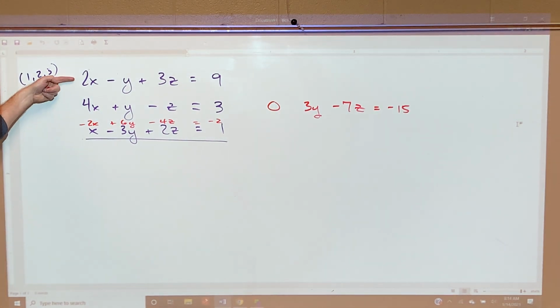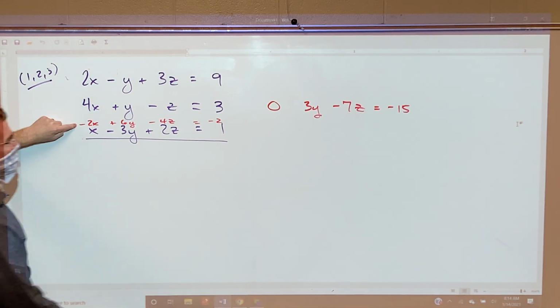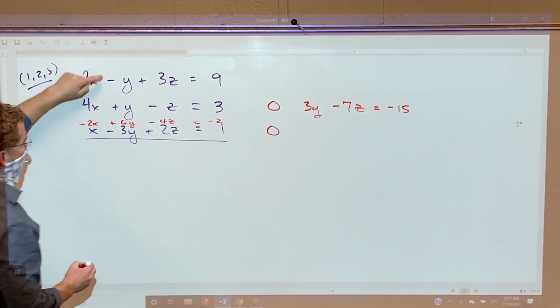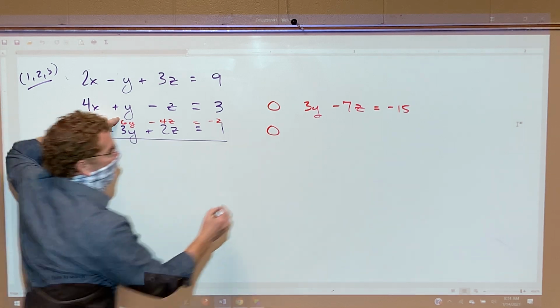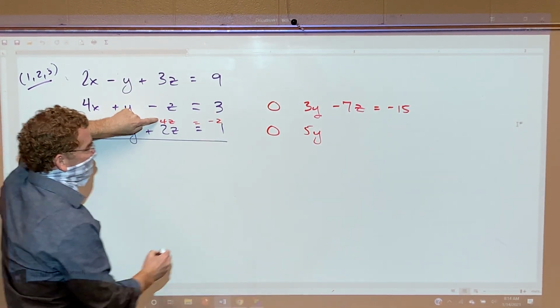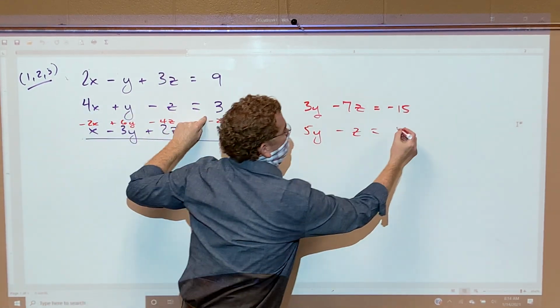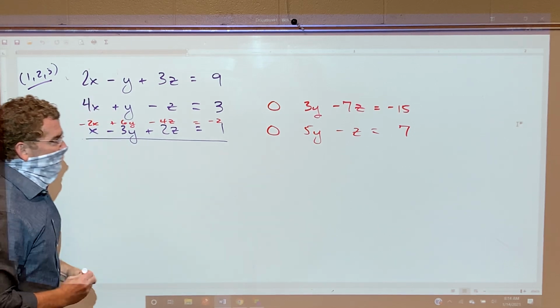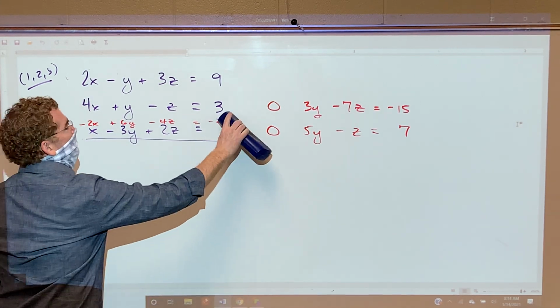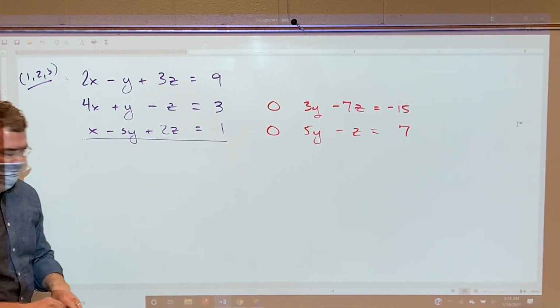And I'm going to combine this purple one with that red one, which gives me 0. That's what I wanted. That and that's 5y. That and that's -z. And that is 7. And then I've got the 2 zeros I want. I don't need this red thing anymore. Although you're welcome to leave it there. I'm just cleaning it all up.